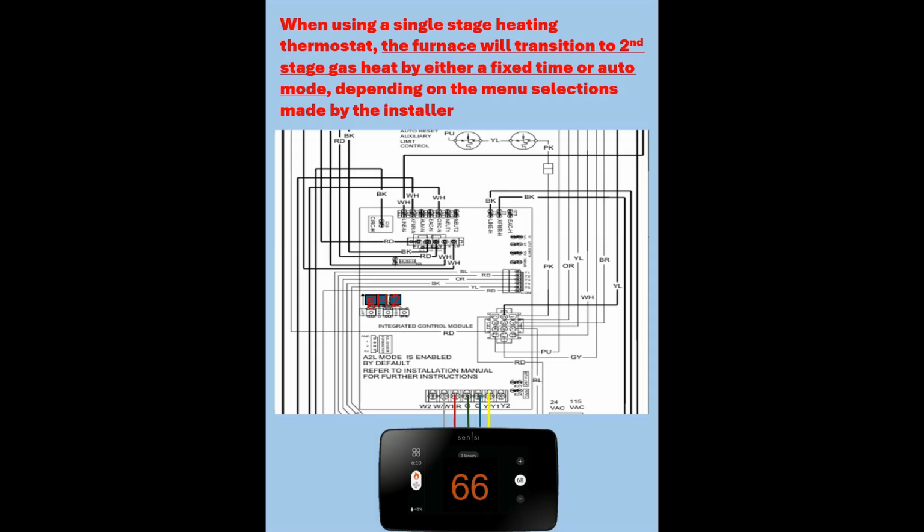So I want to get the maximum amount of time of my unit running to mix the air, instead of it coming on full tilt boogie and just dumping a bunch of heat into the room. And then you have air stratification, those hot and warm pockets, and it's just uncomfortable.